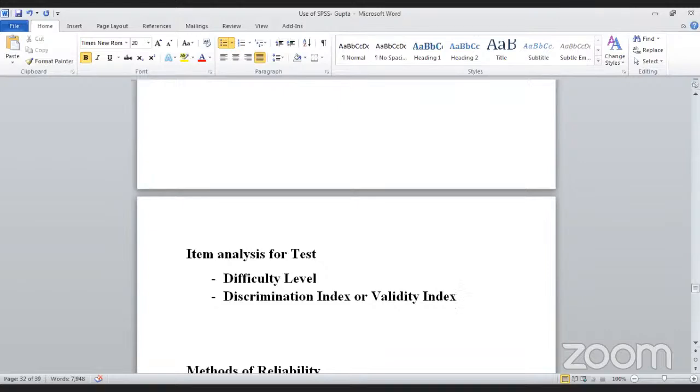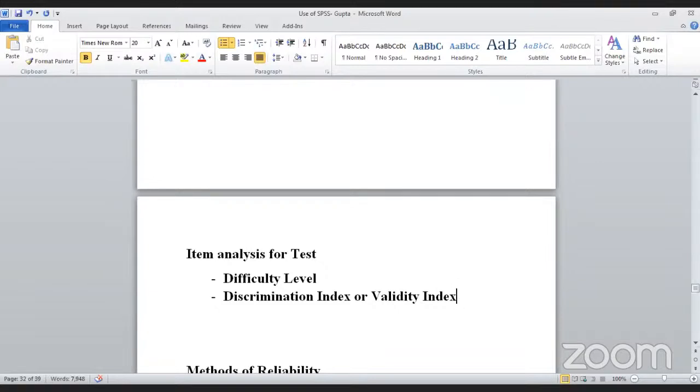So let me tell you how to find out the difficulty level of each item and how to find out the discrimination index of each item. Now, according to this, the group, the field tryout, you have administered your tool, your test on 400 people.